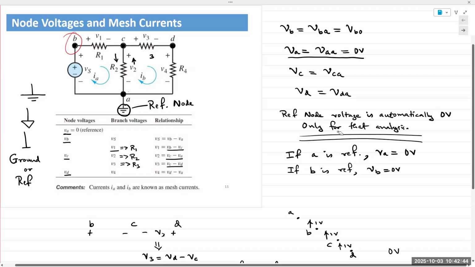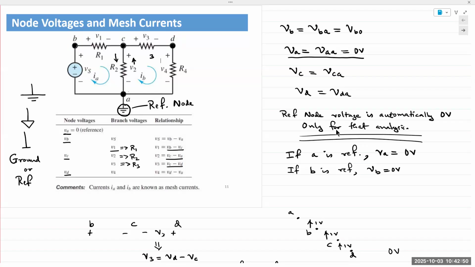Now, when you have 2 nodes connected by a wire, it's the exact same node. You might think this is a node, and this A is a node. But if you start from the left and go all the way to the right, there's nothing but wire between those nodes.